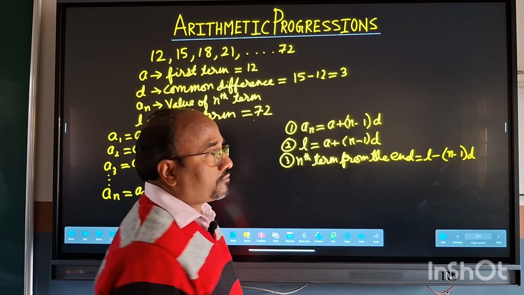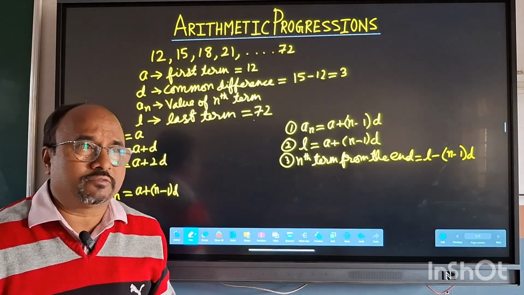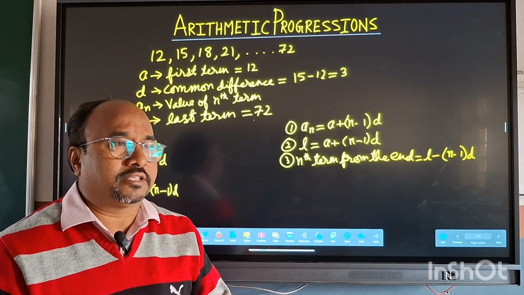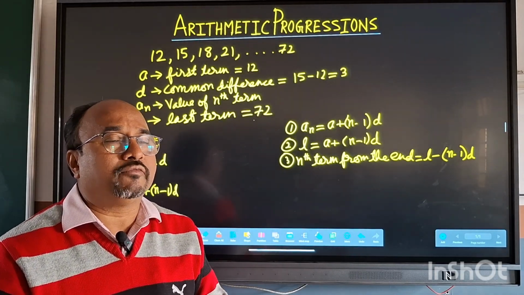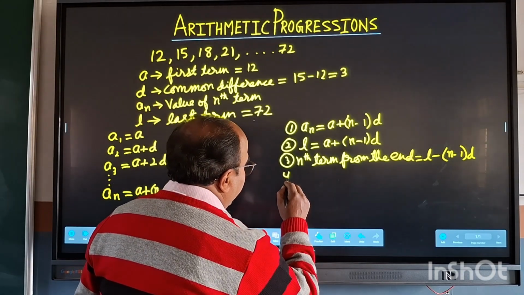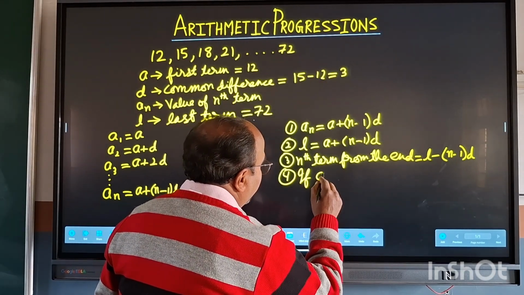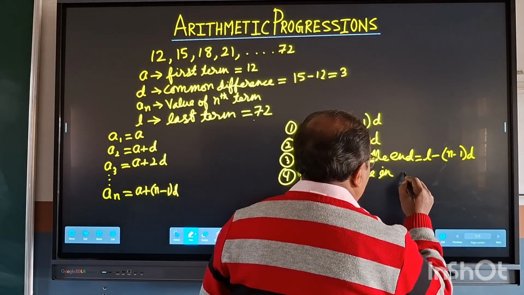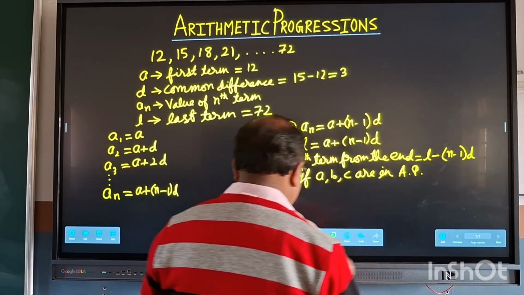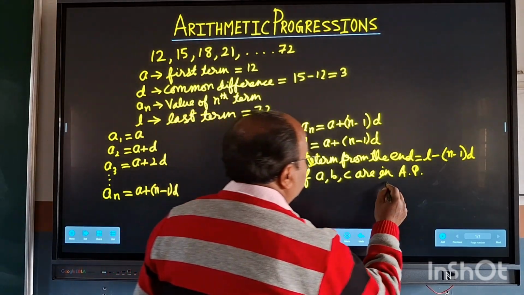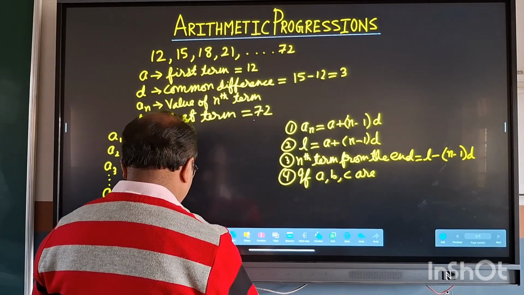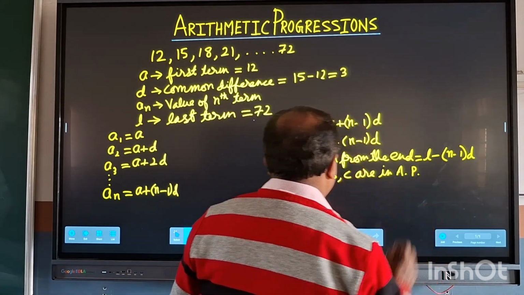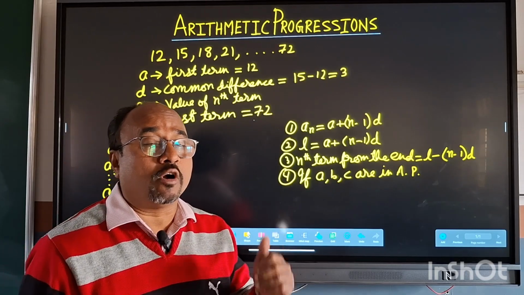Okay, now these are the three main formulas which will be used, but if we come across certain more things in the sums, then for that I am taking a few more things here. Like if A, B, C are in AP, remember, the common difference will be the same.